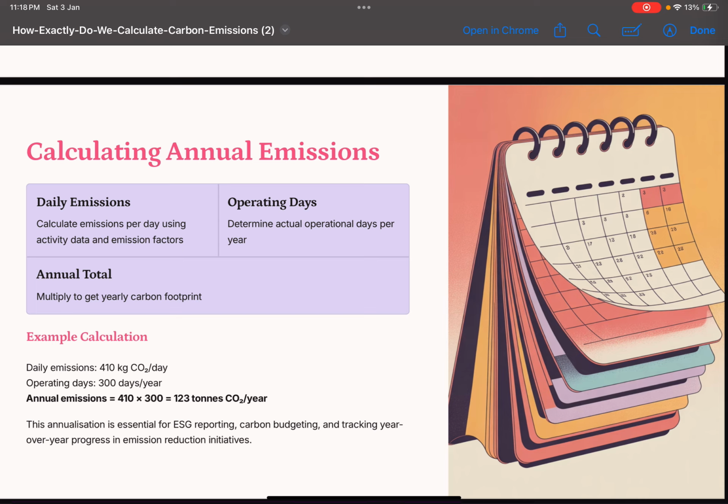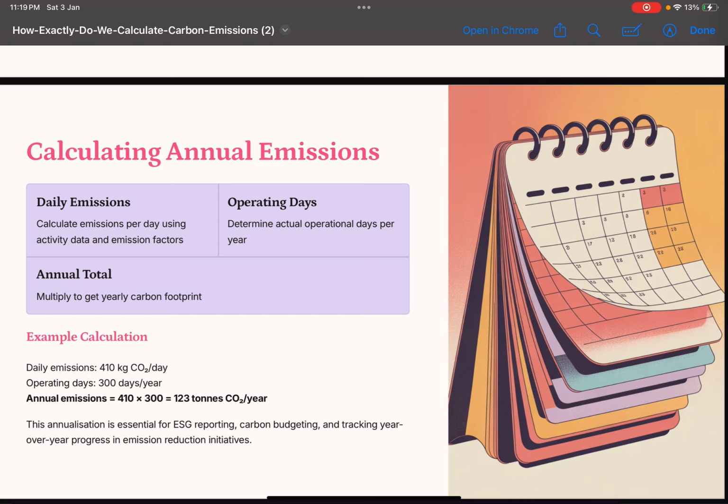And then if that plant is in operation for some 100 days, we will multiply it by 100. If it is operational for some other number of days, the actual operational days times the daily emissions is obviously going to give us the annual emissions, right?